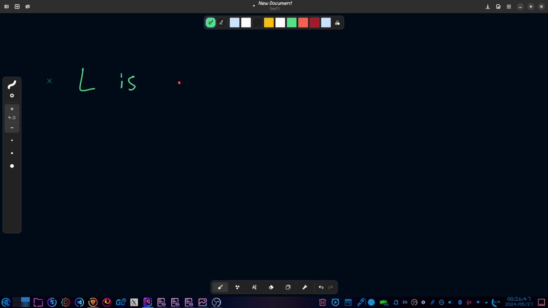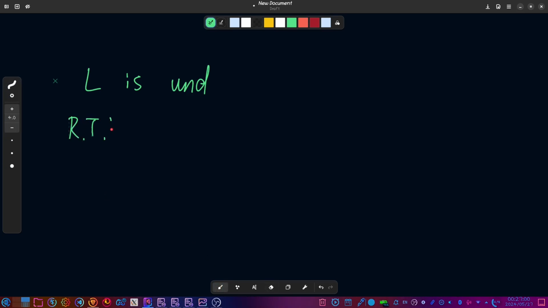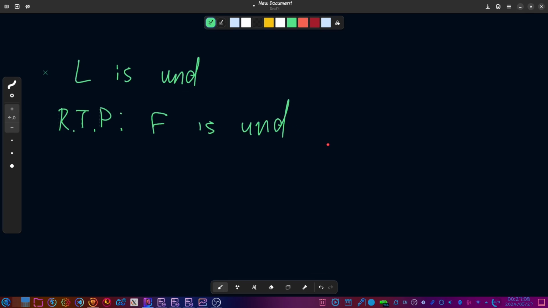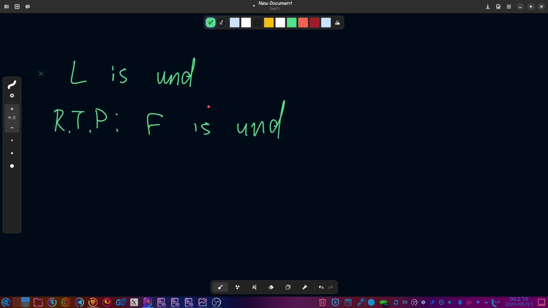We know the language L is undecidable, right? Now, we want to show that F is undecidable. This is what we want to do, right?